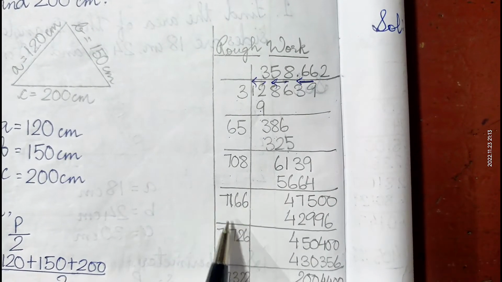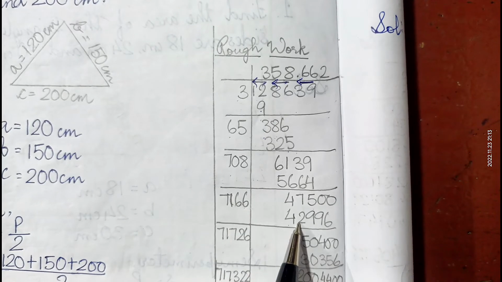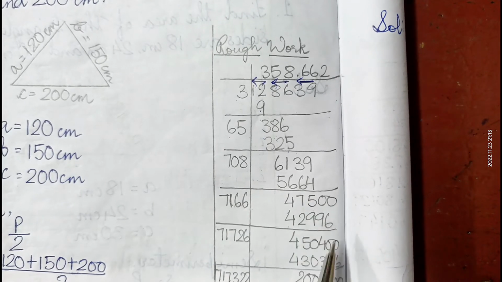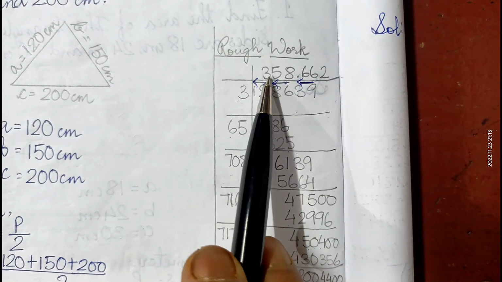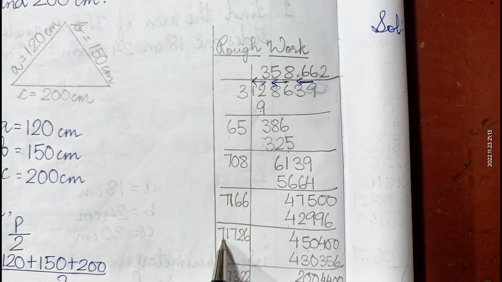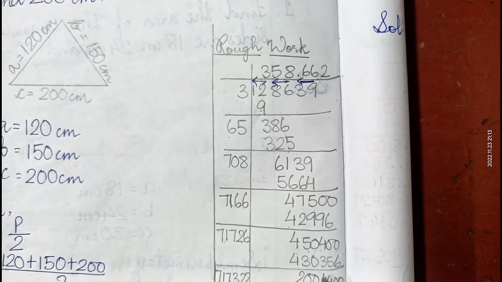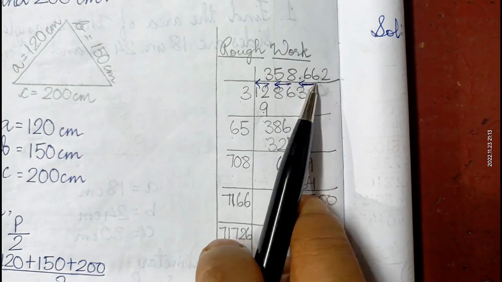Again if we multiply 7166 by 6, it will give 42996. If you subtract, you are going to get 4504. Again, we have to take 2 zeros. Again, if you take a double of 3586, it will be 7172. Now 71726 into 6 will give 430356. In this way, we have to calculate after decimal at least 3 places.